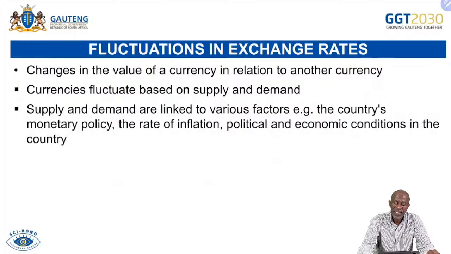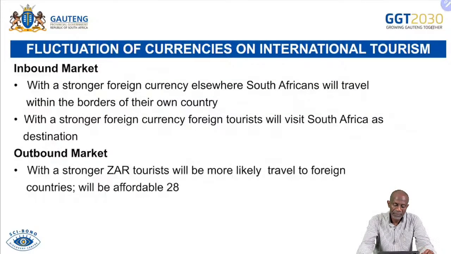For example, the country's monetary policy. So it is the policy or the legislation that governs the economy of the country, and it's controlled by the Minister of Finance in the country. The rate of inflation, as well as political and economic conditions in the country. Those are the factors that control fluctuation of the currency.